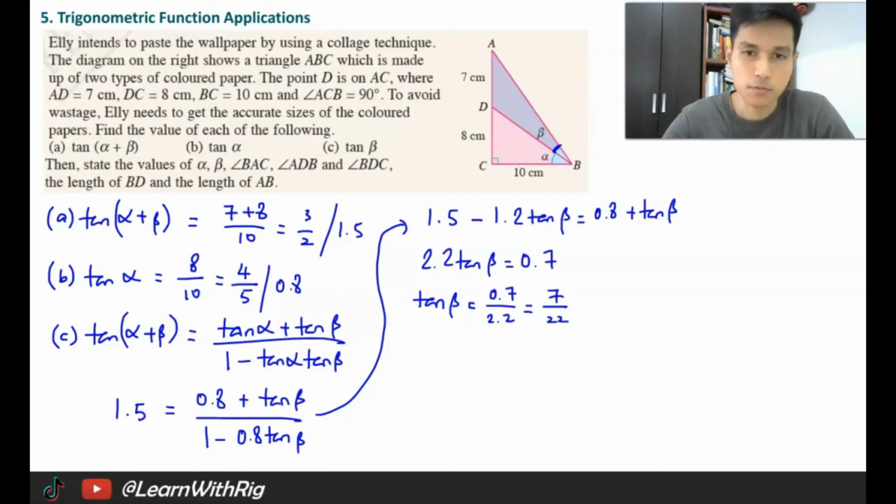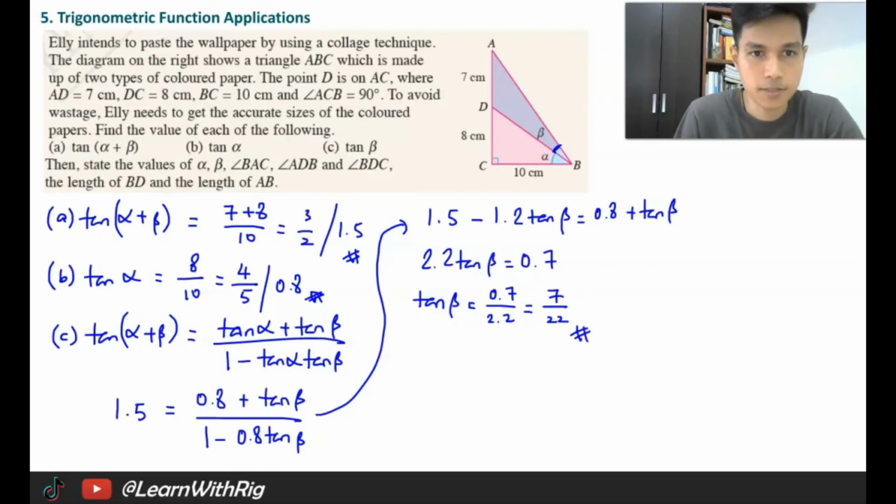Can I write that in terms of decimal? You'll get recurring, many decimal places, so I'll just leave it at 7 over 22, okay? That's your answer, tangent beta. Done. This one done, this one also done.